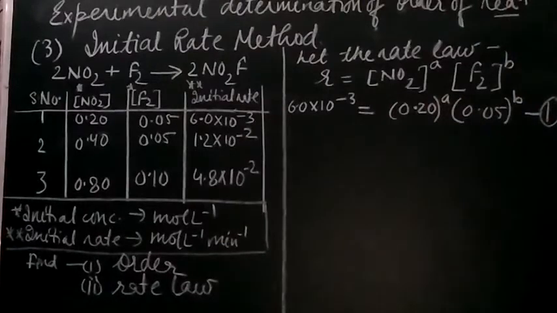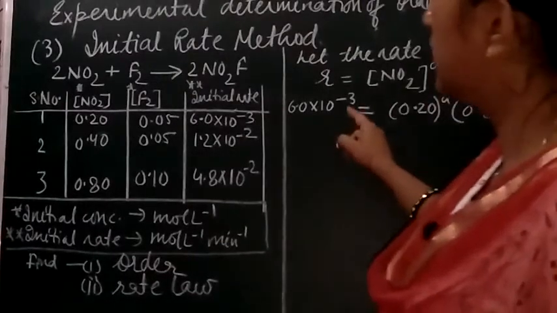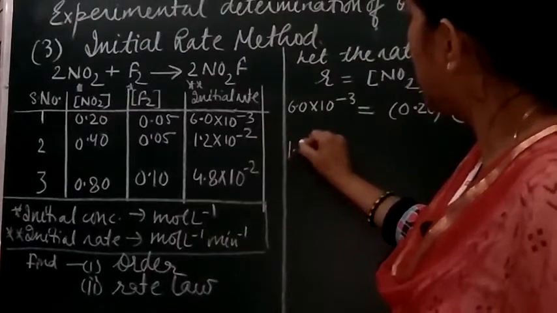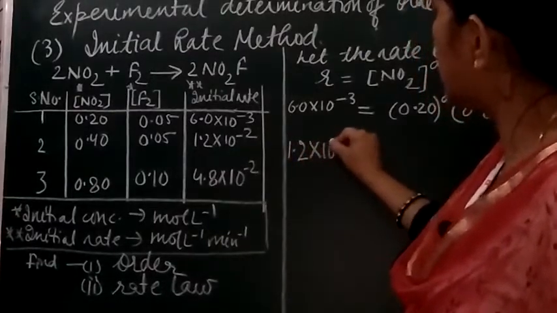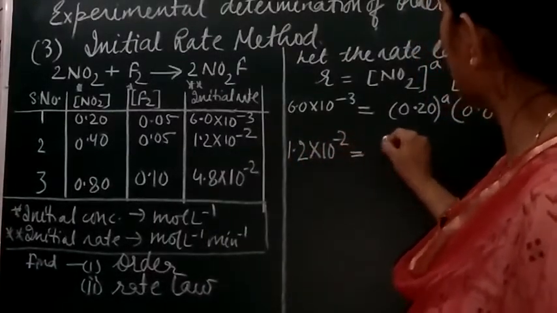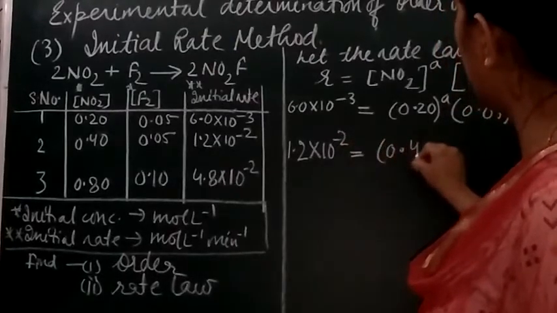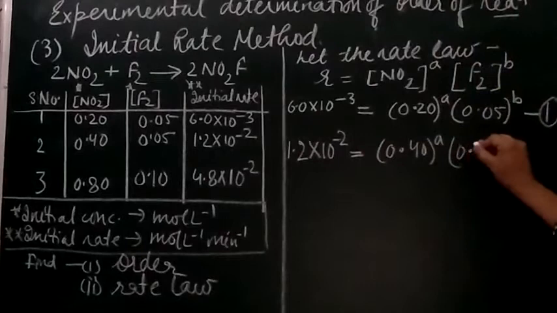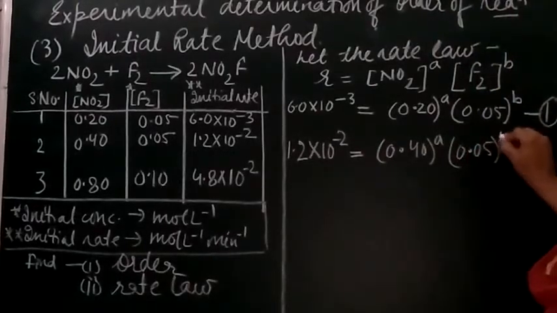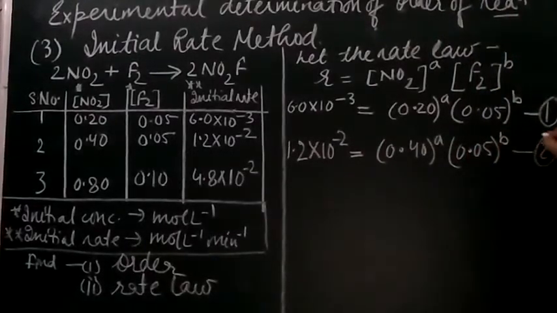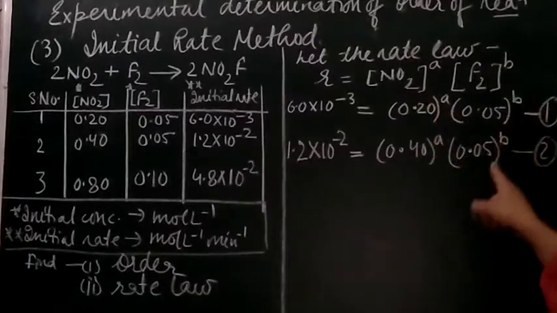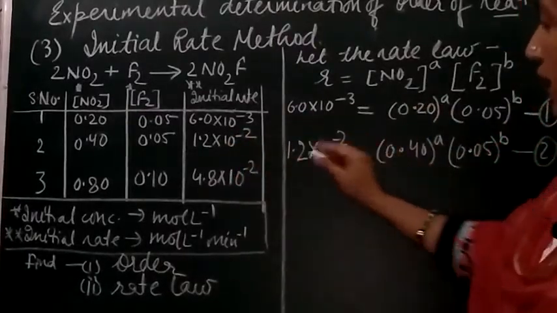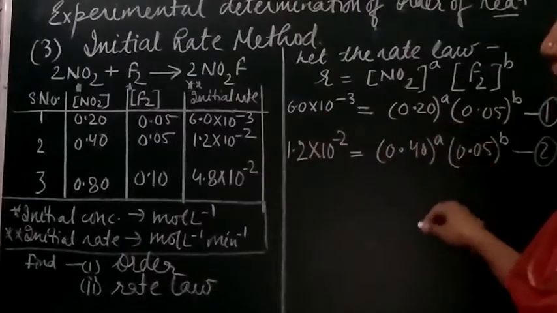So students, here we will now write down the second equation. It will be 1.2 into 10 raised to power minus 2 equals k times 0.40 to the power A, times 0.05 to the power B. Students, you have to write down these equations very carefully, because if any mistake is there, we will get the wrong answer.